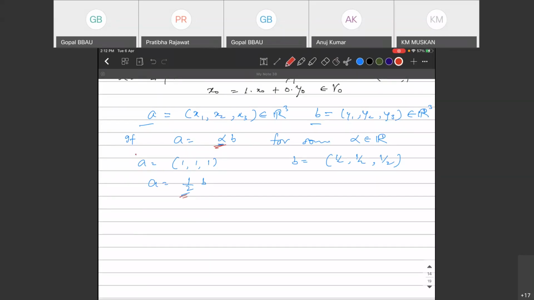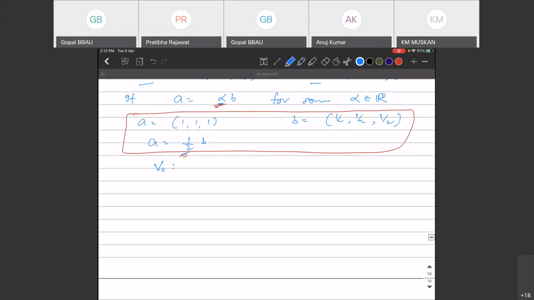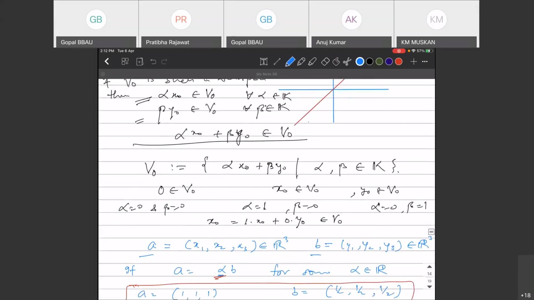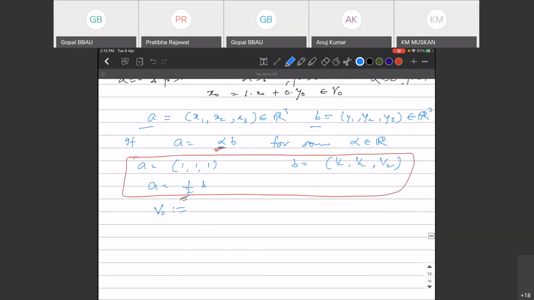So if this is the case, then see what would be the subspace? The subspace will be V naught. See here what we did, we took alpha x naught plus beta y naught, take it here. So alpha A plus beta B, where alpha, beta both belong to R. Correct?